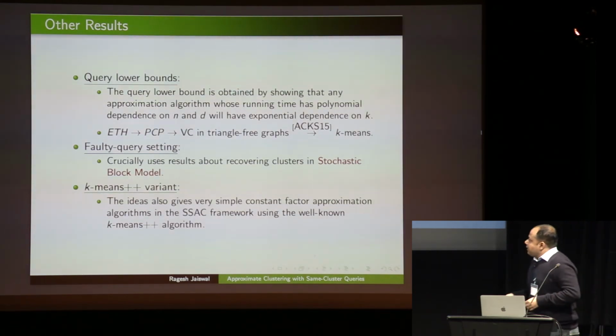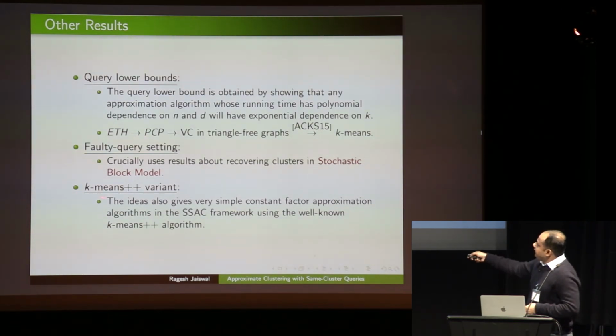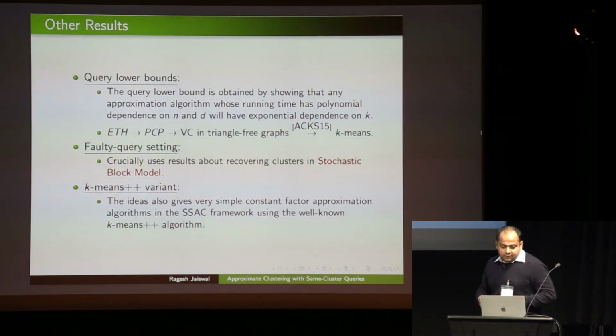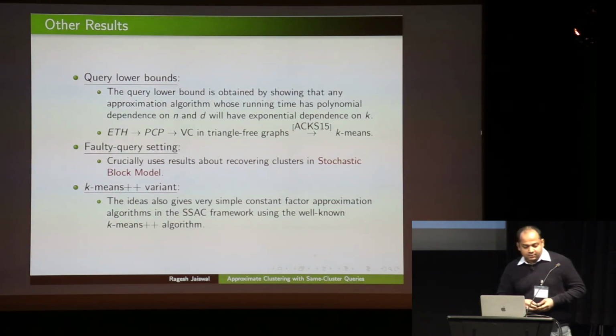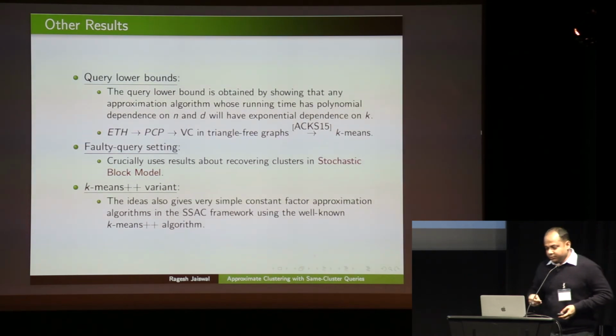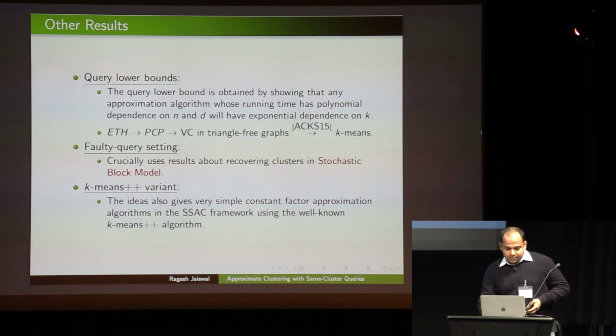We also get a variant of a popular algorithm called k-means++. Our ideas give a very simple constant factor approximation algorithm in this SSAC framework, using the well-known k-means++ algorithm. We know that k-means++ cannot give you better than log k approximation, but if you make this tiny change involving same cluster queries, then you can turn it into a constant factor approximation algorithm.